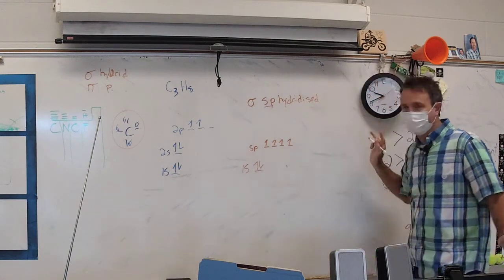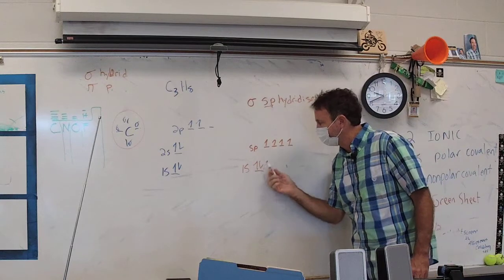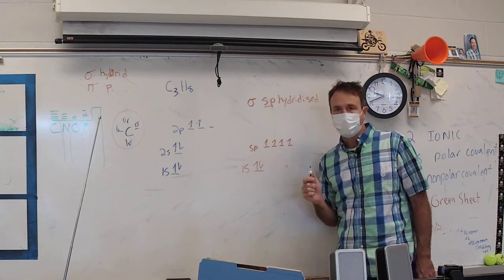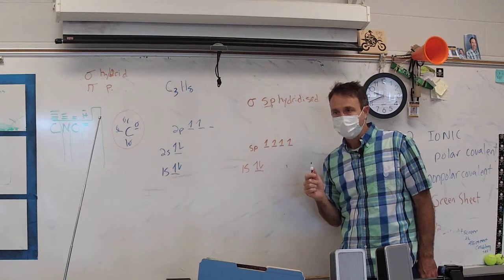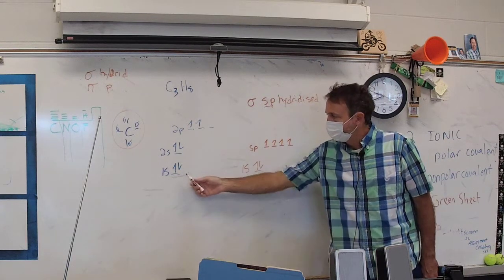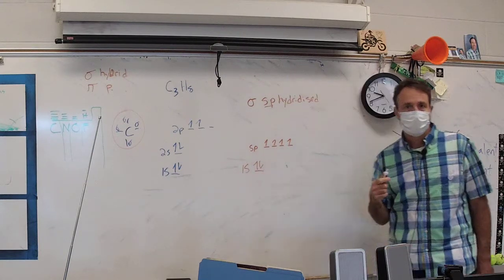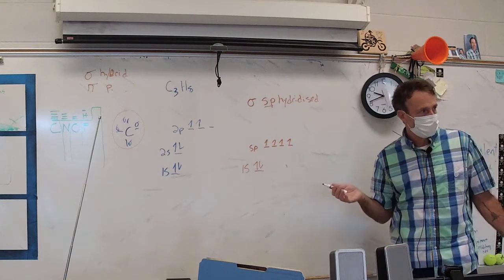There's nothing else to draw: that's all 6 of carbon's electrons, since carbon is number 6 on the periodic table.